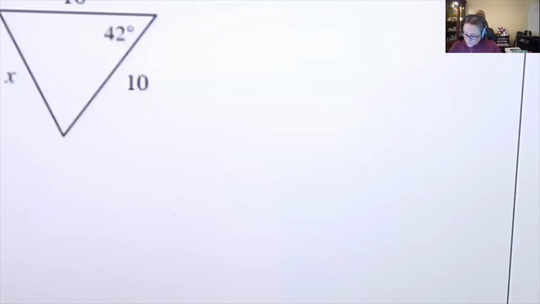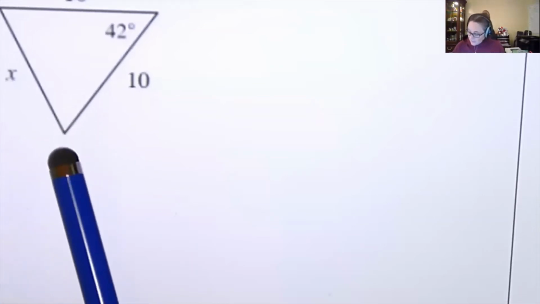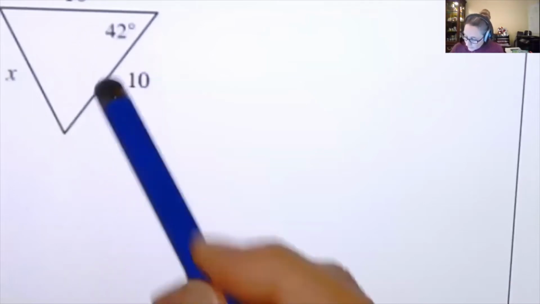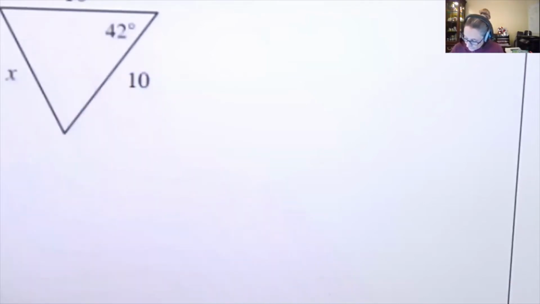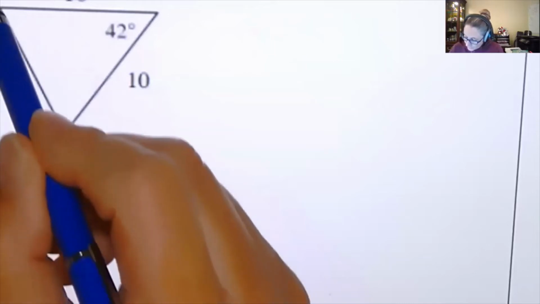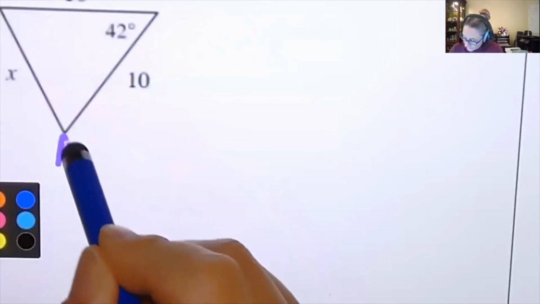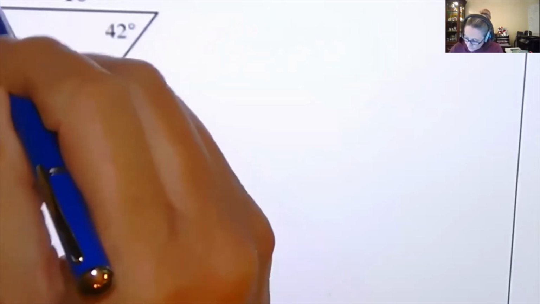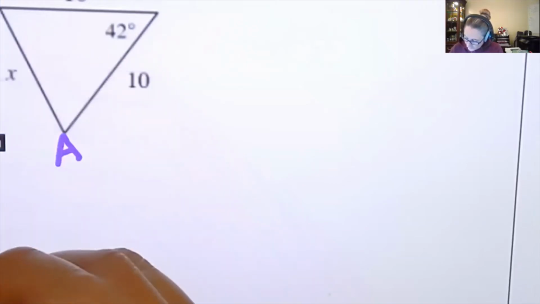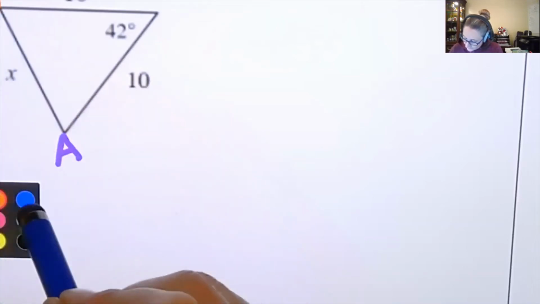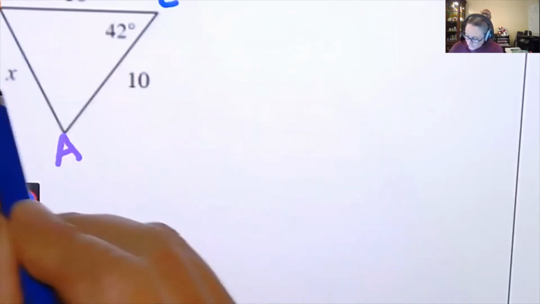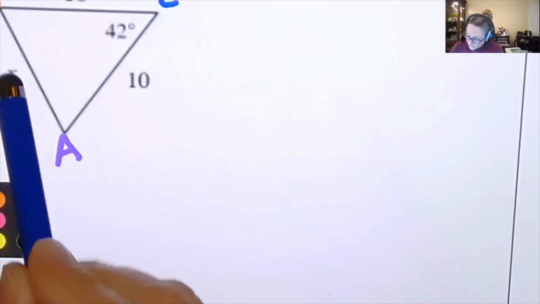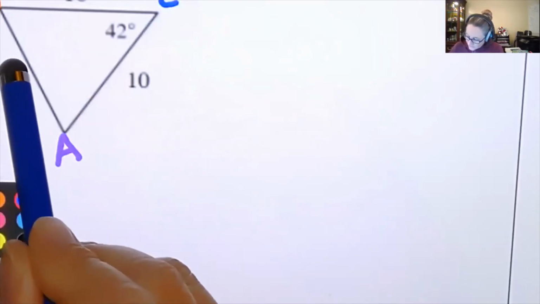So on the next one, let's see what we have here. Let me just write letters here. Okay, let's say that this is A. I'm going to color code. So let's say that's A, B, C. This is X. I'm going to say that this is little c.